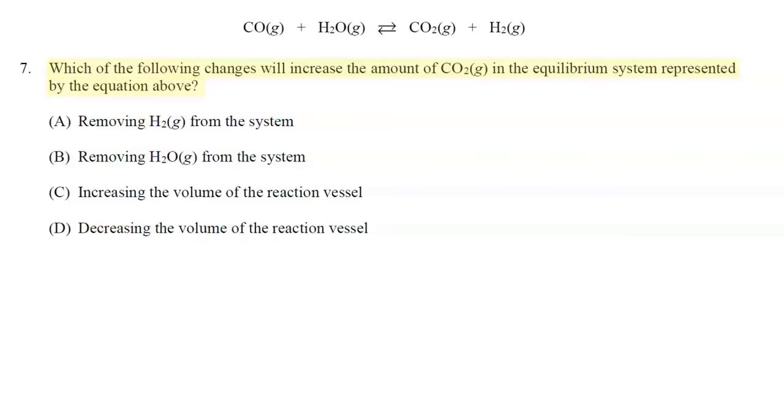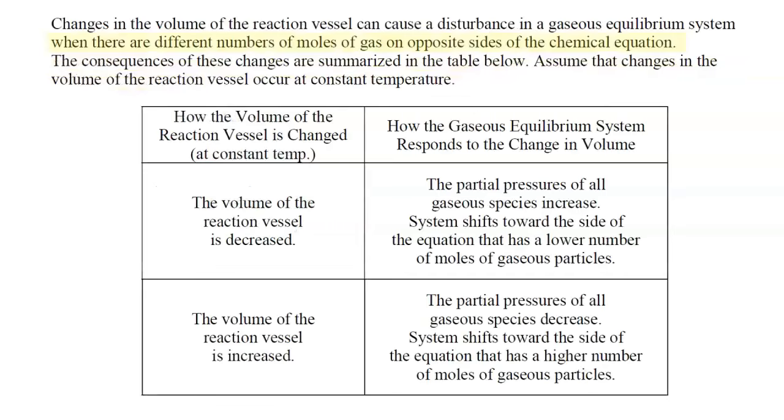And in my video where I covered Le Chatelier's principle, one of the things I mentioned about gases is the following. I said that changes in the volume of the reaction vessel can cause a disturbance in a gaseous equilibrium system, but only when there are different numbers of moles of gas on opposite sides of the chemical equation.